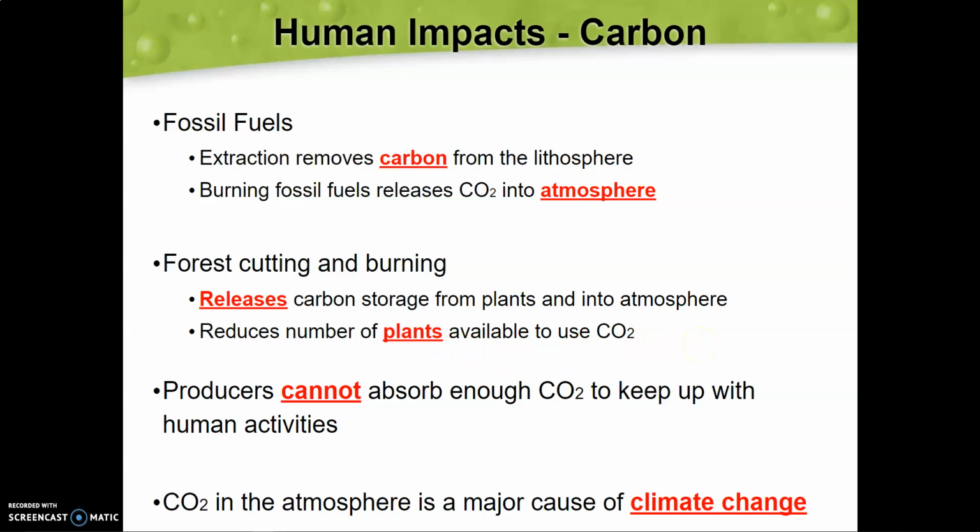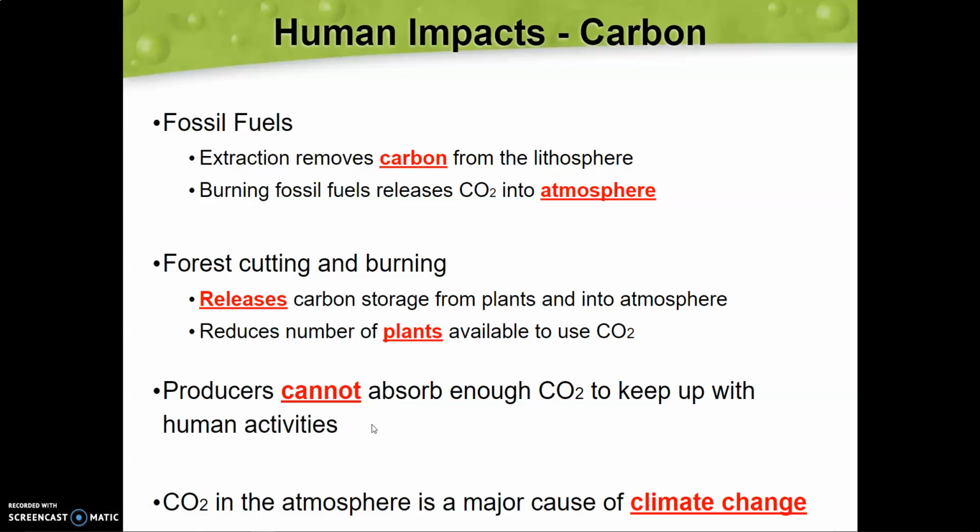Remember, because plants take in carbon dioxide for photosynthesis. If we are clearing out a large section of that, it's hard for that excess carbon dioxide to be used. Producers cannot absorb enough carbon dioxide to keep up with our human activities.